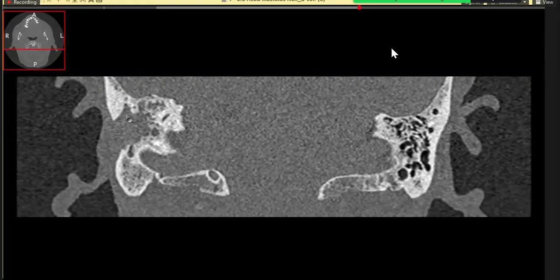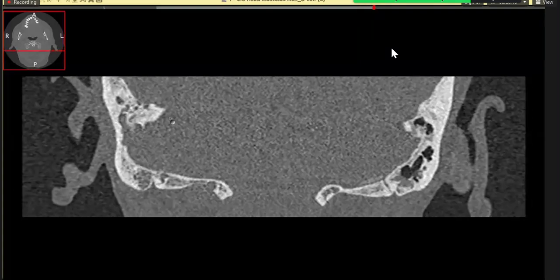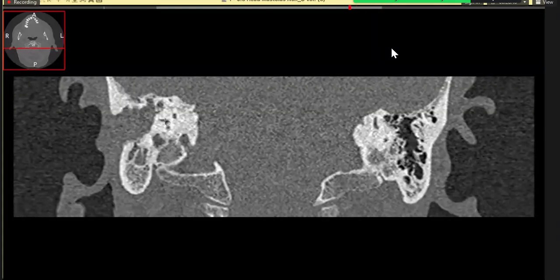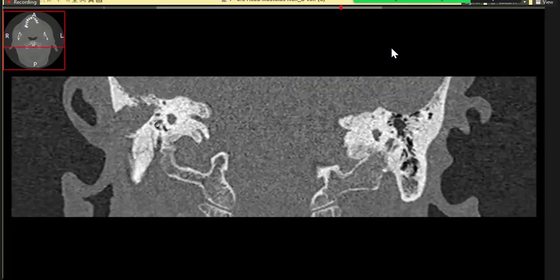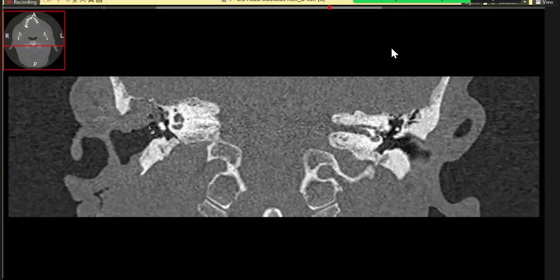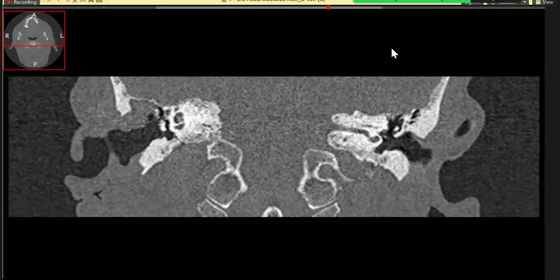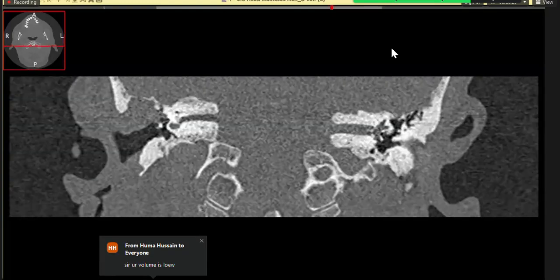If you see here, this is the lateral semicircular canal, and this is the superior wall of the external auditory canal. It is completely gone because of surgery. And this is the epitympanum. Everything else you cannot make out.